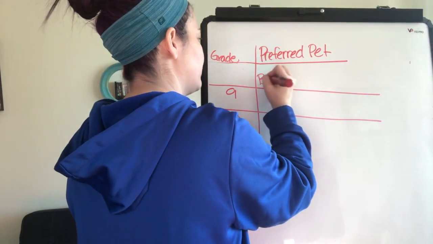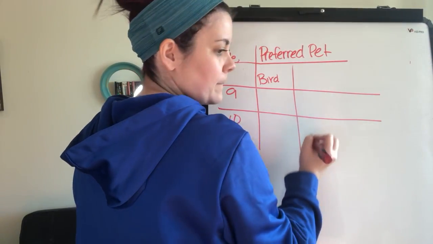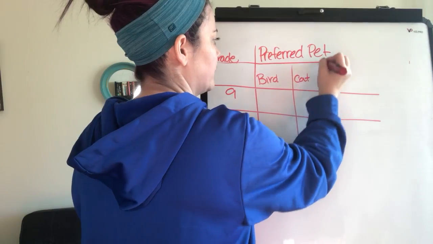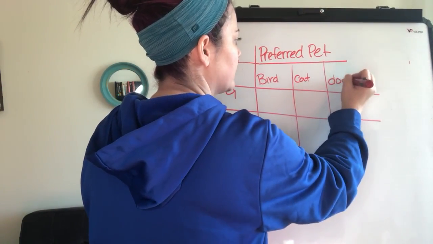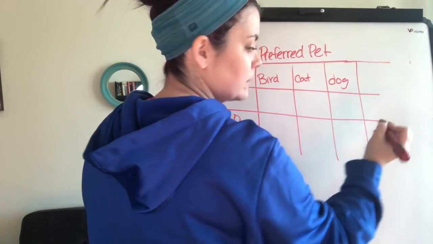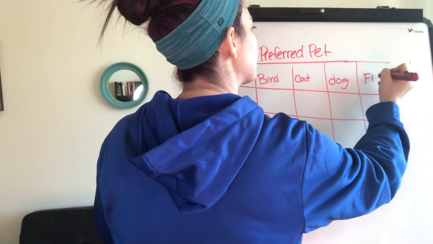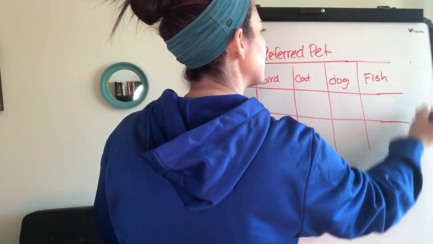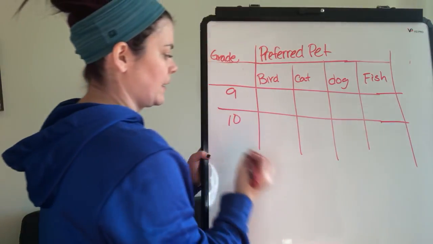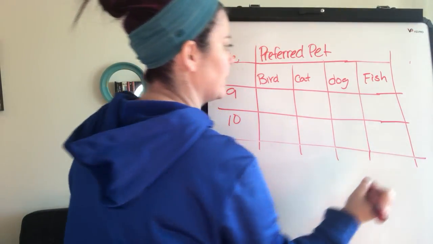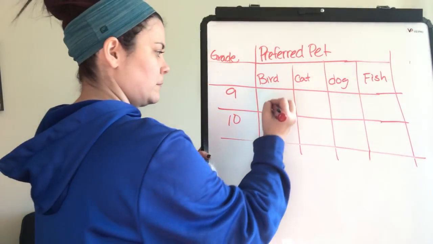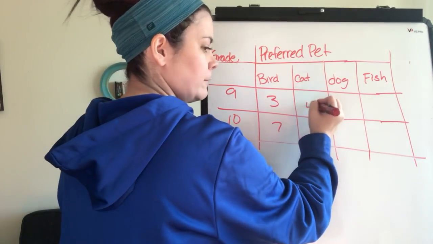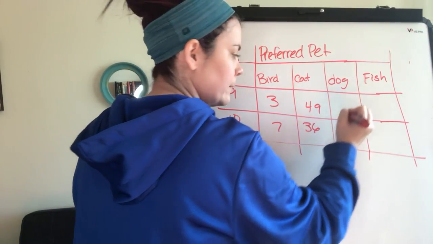Preferred pet: bird, cat, dog, or fish. Okay, so there we go. 3, 7, 49, 36.